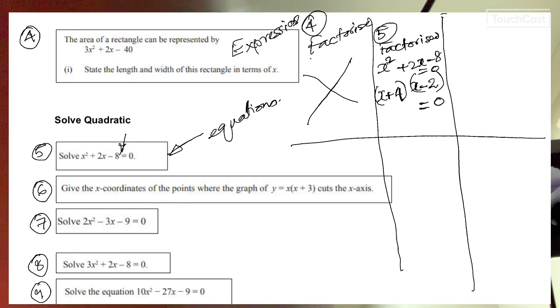See that these are equations and answers are either x equals -4 or x equals 2.